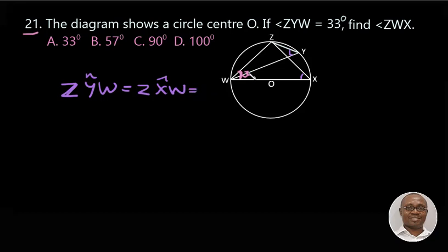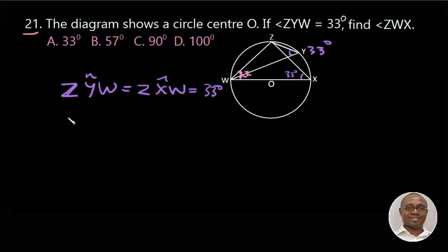Which means that if we have ZYW as 33 degrees, then this also will be 33 degrees.